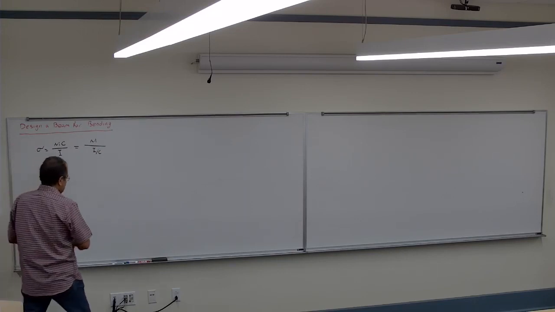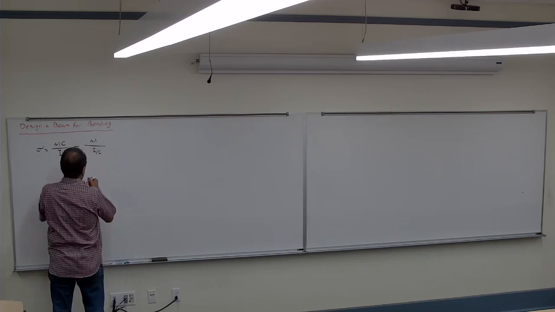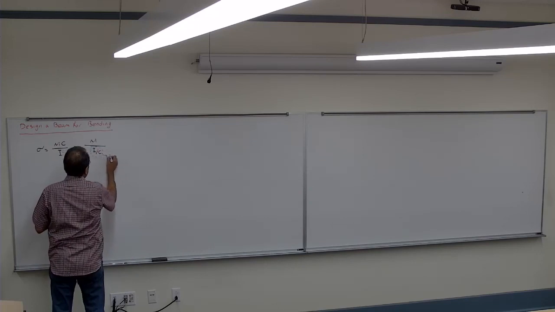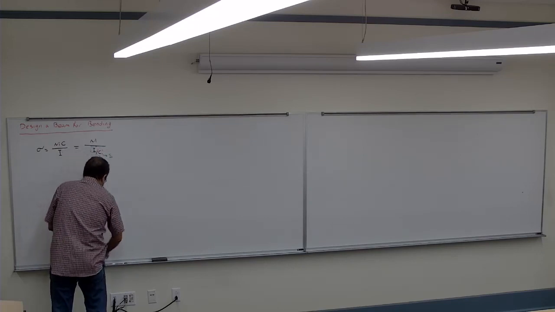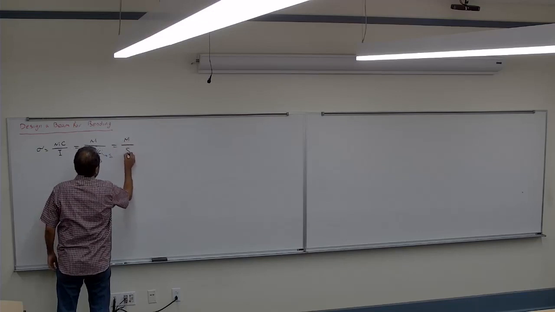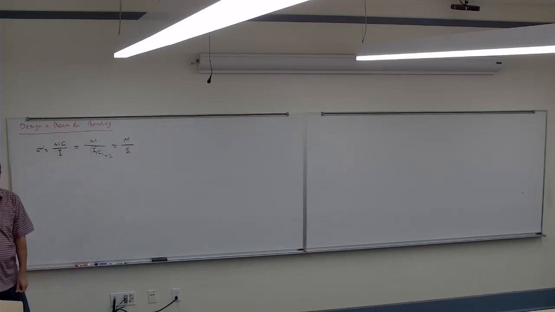The thing is that this part, I over C, is S. So usually we write it as M divided by S. This is how we usually write the equation.